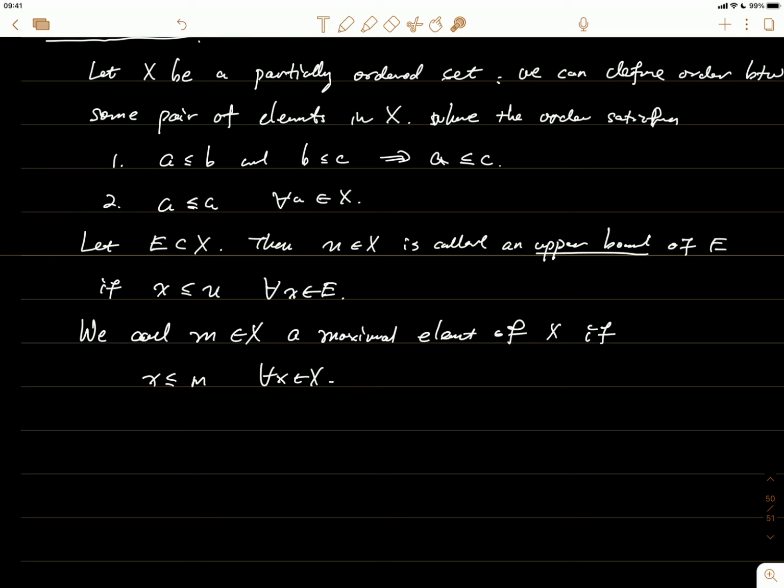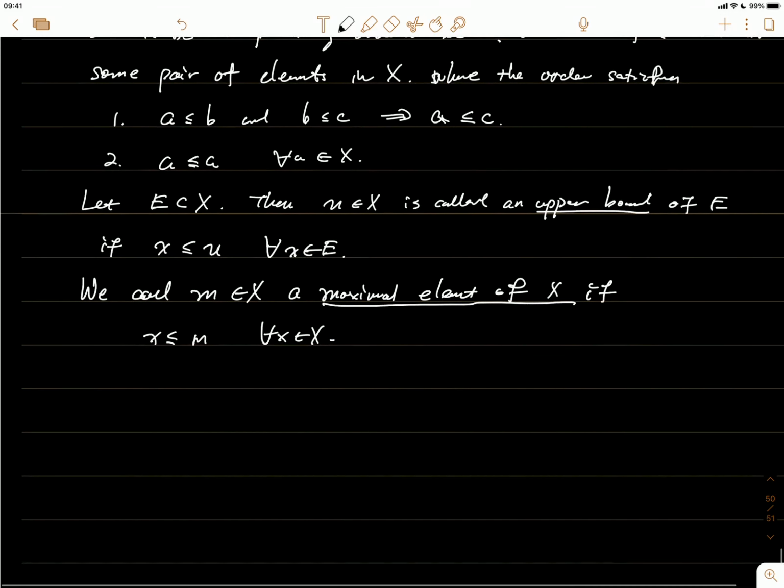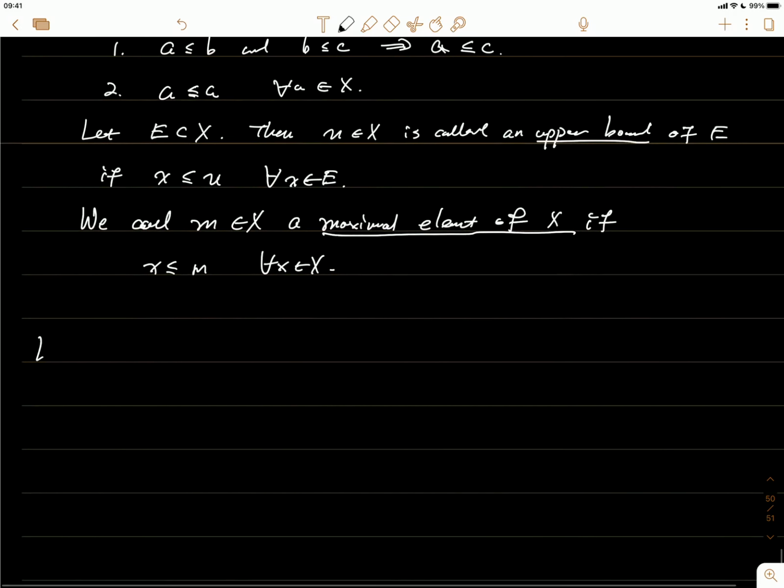For any subset E, we call U an upper bound of the set E if any element x in the set E is bounded by this U, less than or equal to U. And we call M a maximum element if M is greater than or equal to any element in X. Okay, so this is all the setup. It's pretty abstract and general. And then Zorn's lemma says the following.